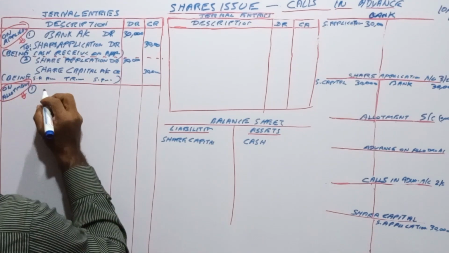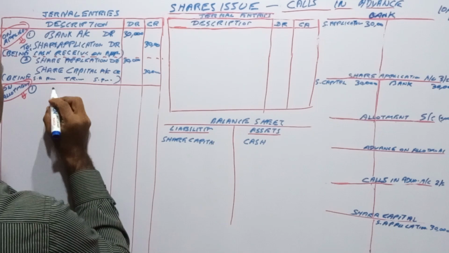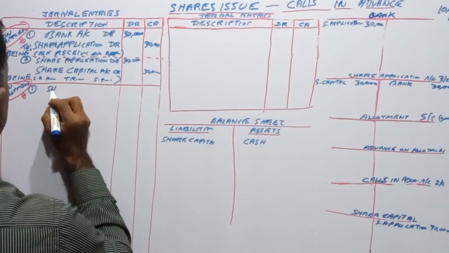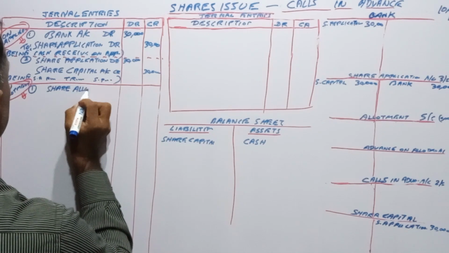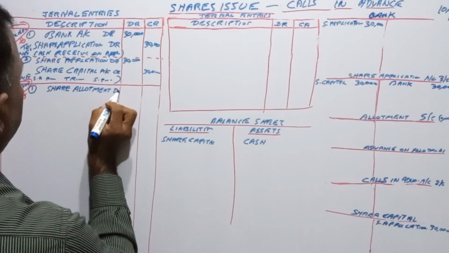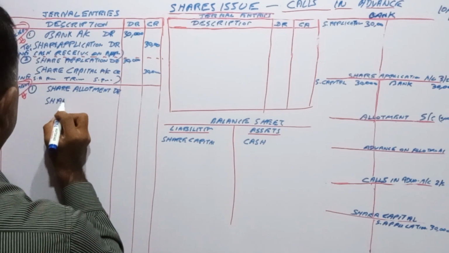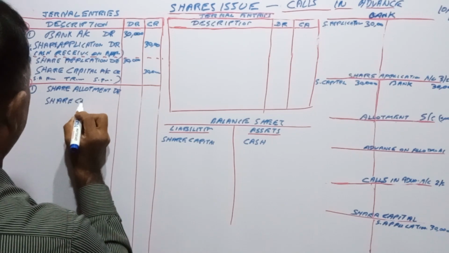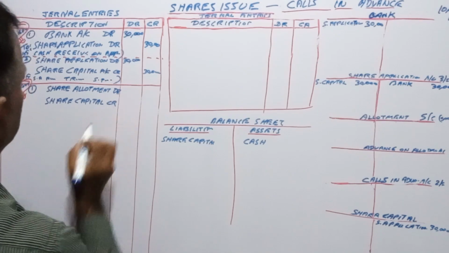Share allotment account debit and share capital account credit.